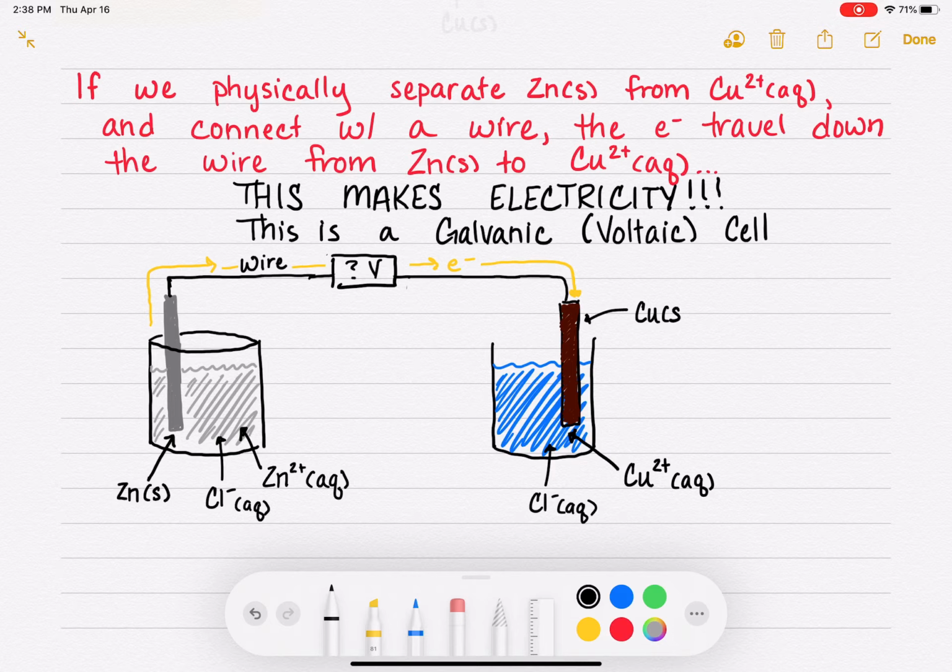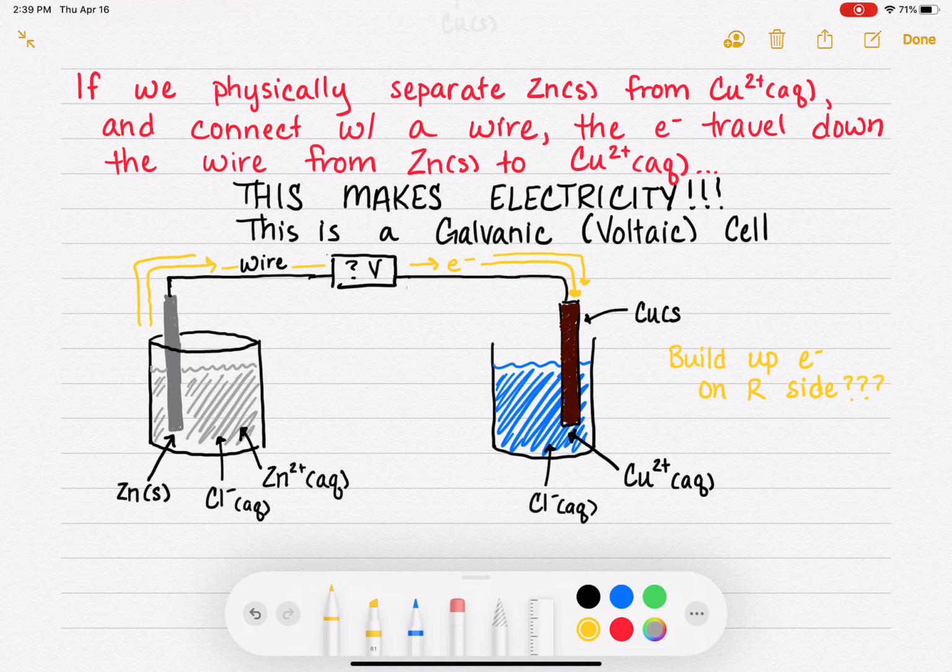Now, one of the problems that we're going to have with this galvanic cell is that as our electrons are moving from the zinc side over to the copper side, if we're not careful, we have the potential to build up an excessive amount of electrons on the right side of the right beaker, the right half of this cell.